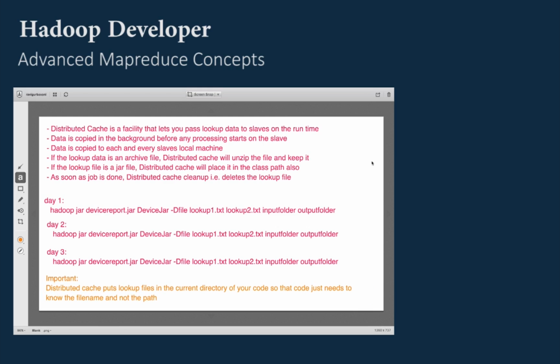So the lookup.txt is placed in the current directory of execution. In that way, your code just needs to know the name of the lookup file and need not have any clue about the path of it, because it's assumed that it's going to be in the current directory.